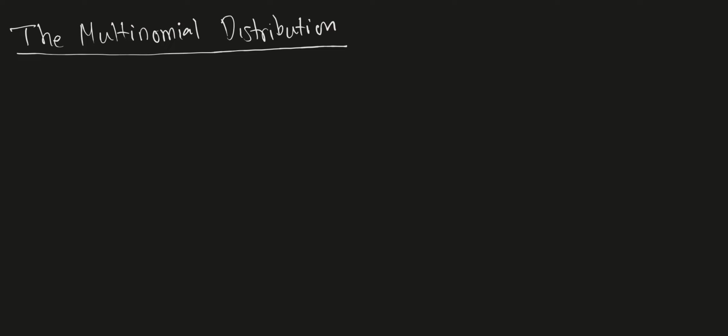All right, next up in our list of special discrete random variables, we have the multinomial distribution. And you might realize a similarity with the name of this distribution. The nomial part is familiar. In fact, it was a part of the name of our first special discrete random variable, the binomial, right?